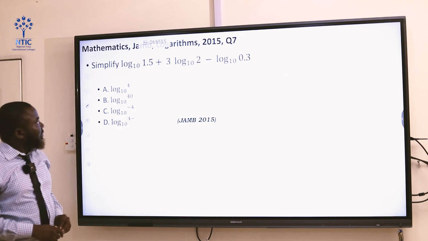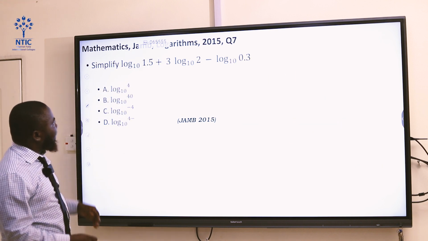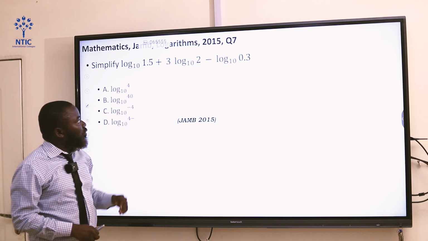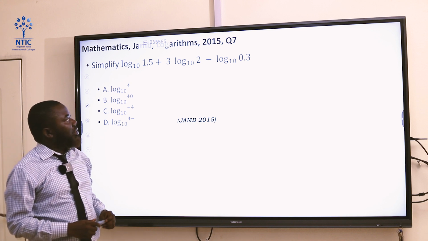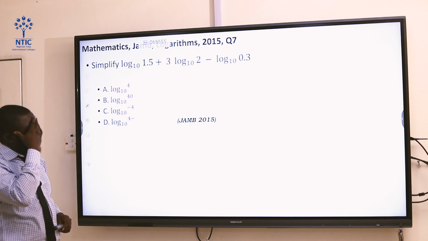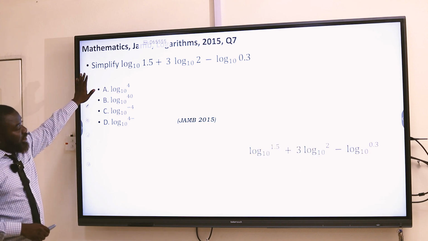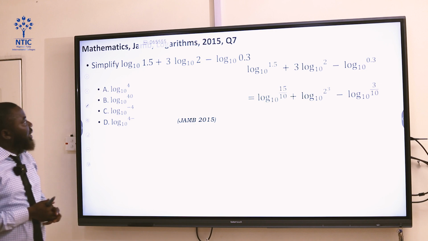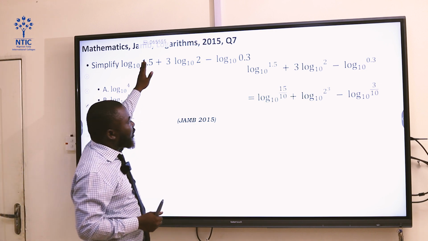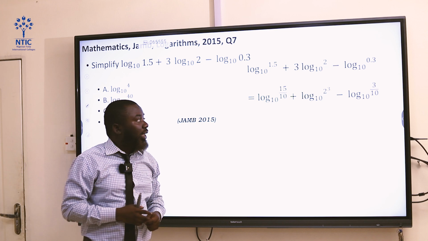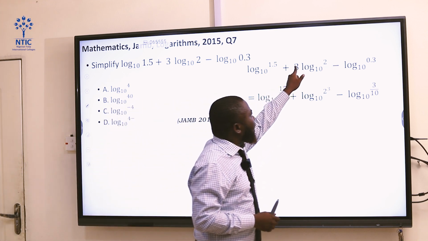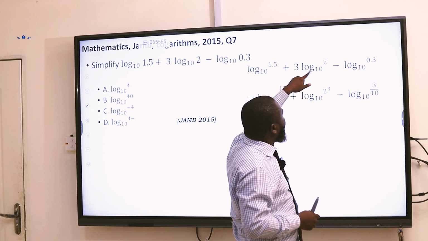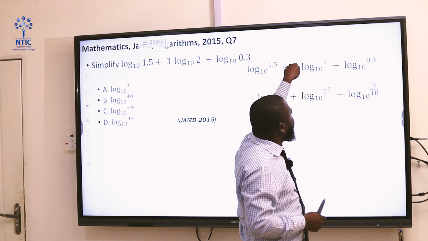Question number 7. Simplify: log 1.5 base 10 plus 3 log 2 base 10 minus log 0.3 base 10. So this is our question. Then, if we like, we can convert this 1.5 to a fraction, and that will give us 15 over 10. Then return this power law so that we have, instead of 3 log 2, log 2 to the power of 3.